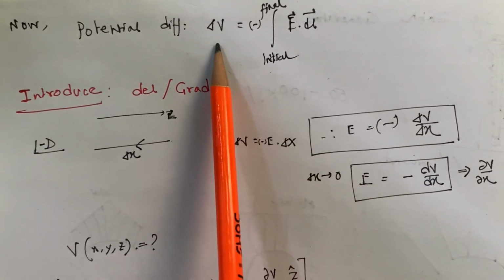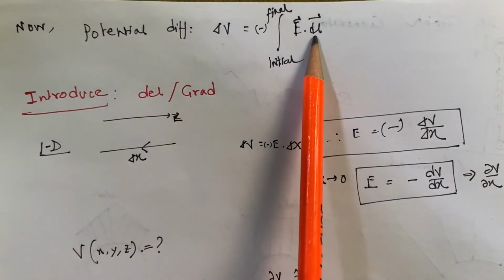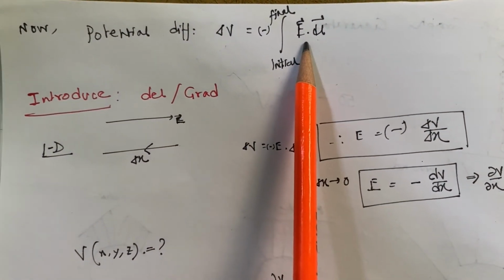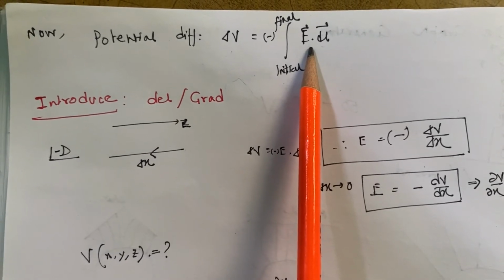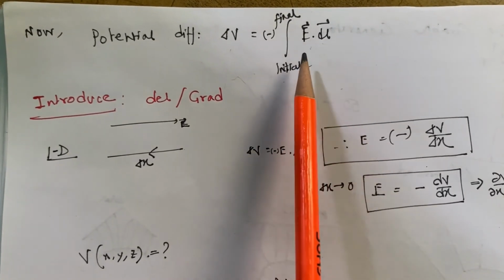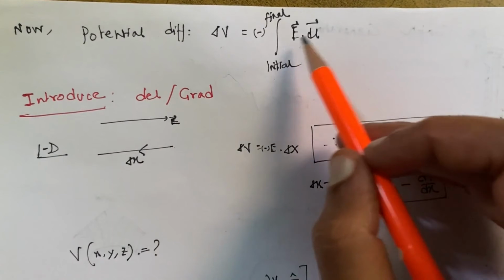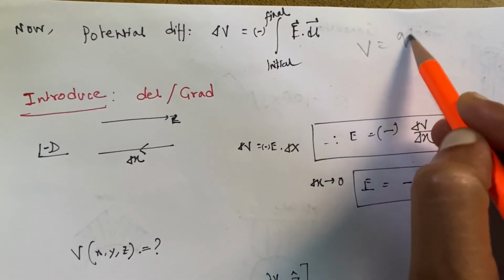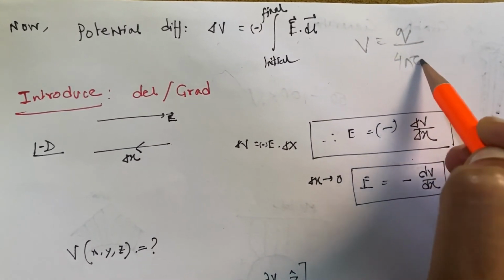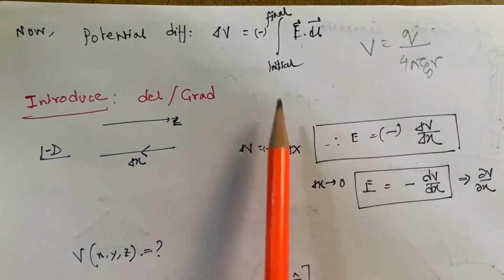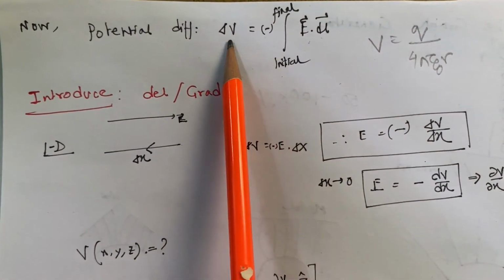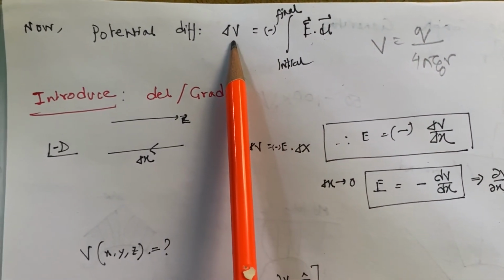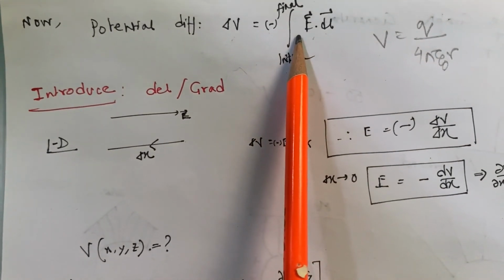Now this is a relation between the potential difference and the electric field. This I used while I was calculating the potential for a discrete charge, for a point charge. There I used this relation to find out this formula. You can check that. The negative sign is there because potential always increases opposite to the direction of the electric field.